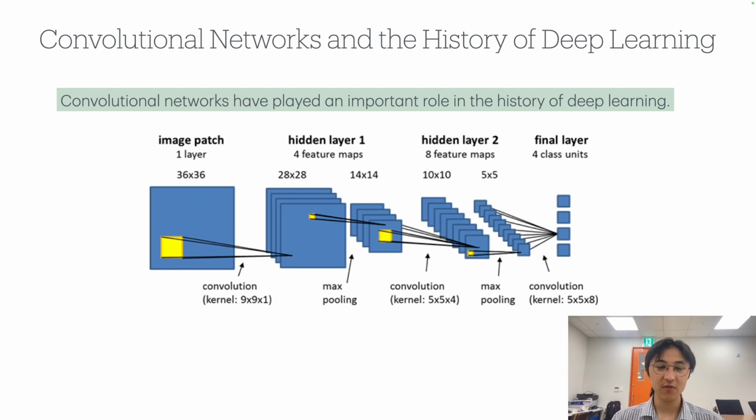But convolution networks use less computation, and in that case they became one of the first successful deep learning models working with backpropagation.